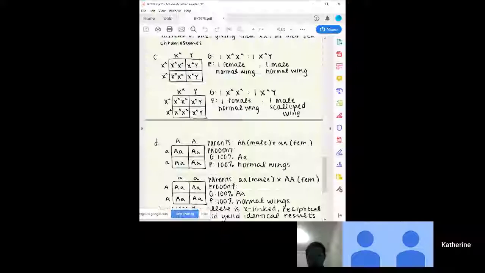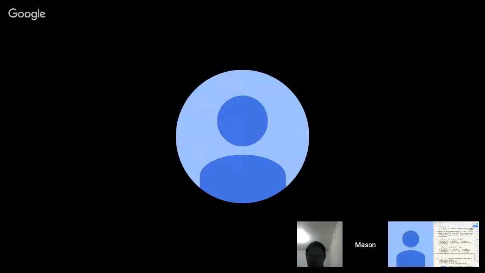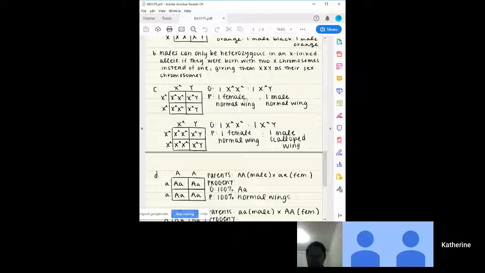Okay, that makes sense now. And then in C, they were different. I had one female with a normal wing to one male with a normal wing, and then one female with a normal wing to one male with a scalloped wing. Okay, all right, sounds good.